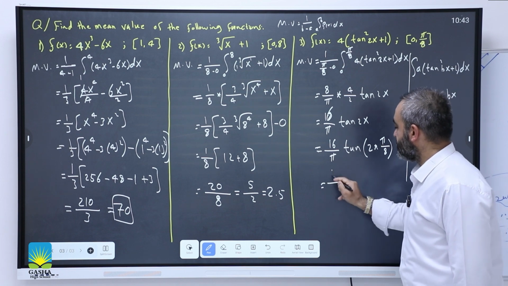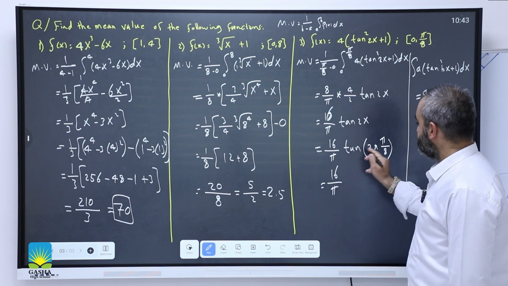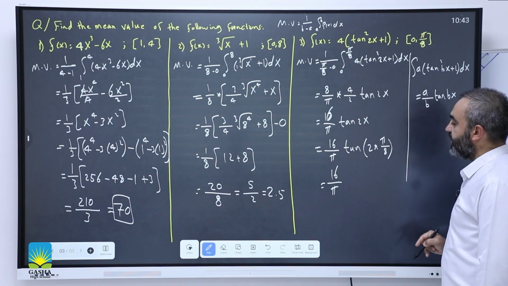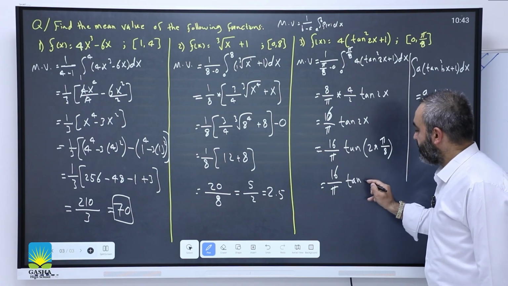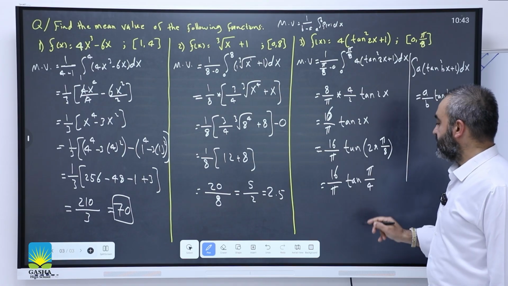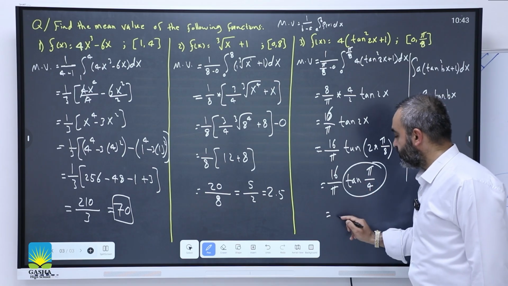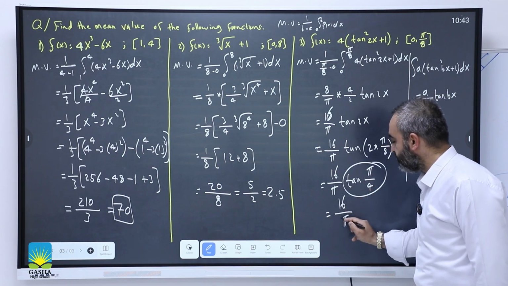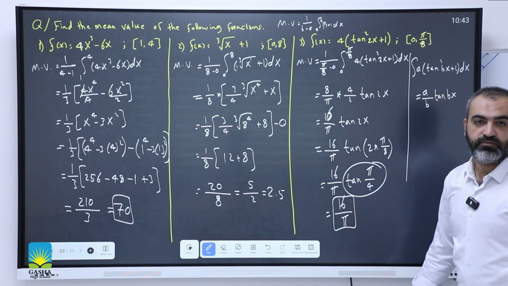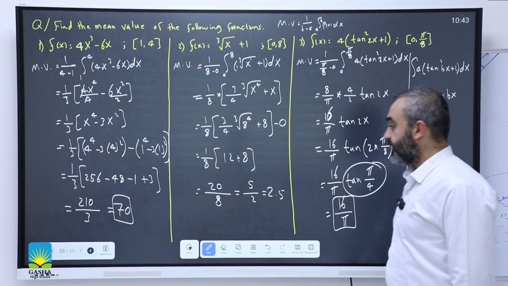So this is 16 over pi. Tan 2 times pi over 8, it's tan pi over 4. What is tan pi over 4? It's 1. So this is 16 over pi. This is the final result, right?